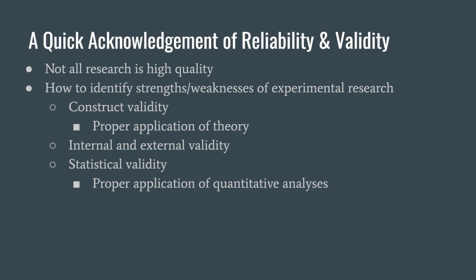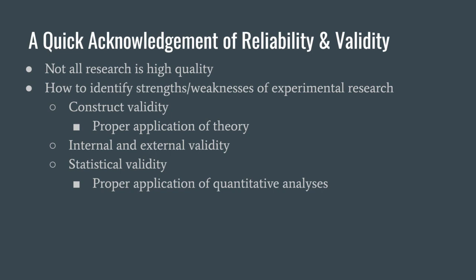It's not something that you measure directly, it's something you measure indirectly. So we want to make sure we're measuring exactly what we say we're measuring. If we say we're measuring preference, we don't want to actually be measuring satisfaction, which could be very different. And also, is the paper properly applying the theory that it says that it's applying?